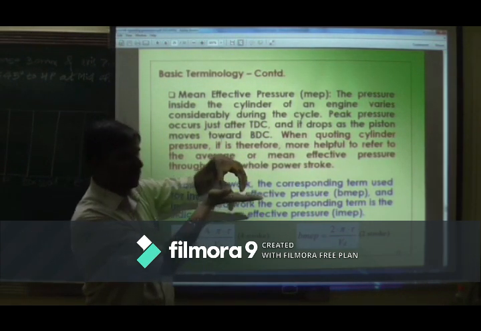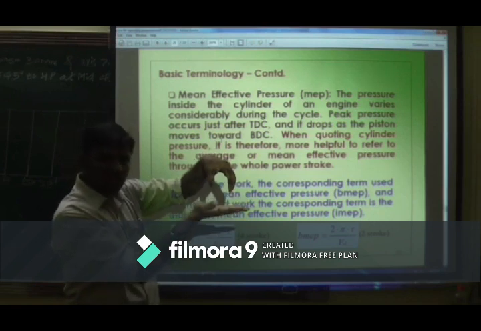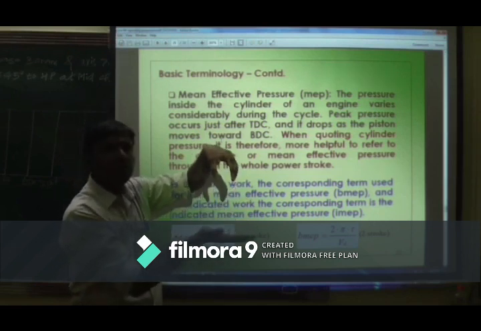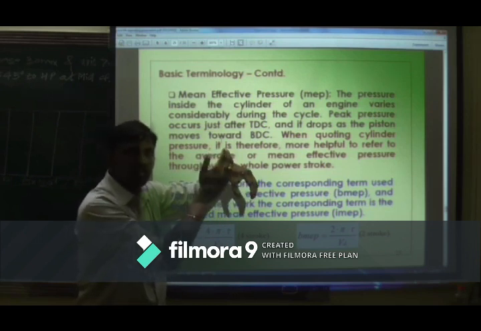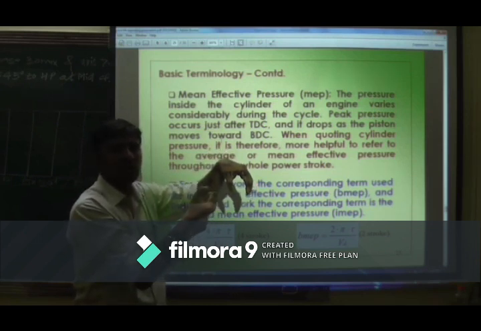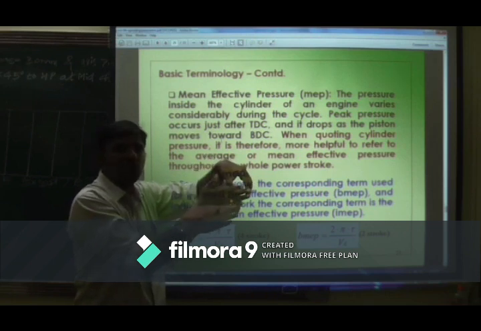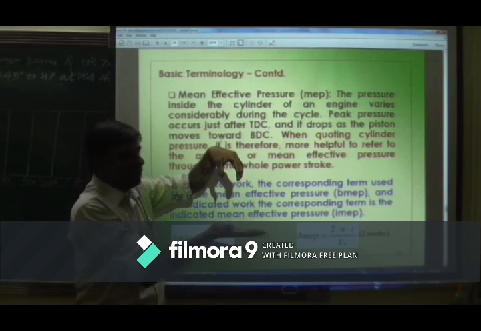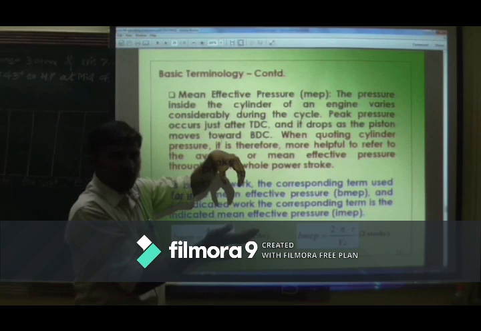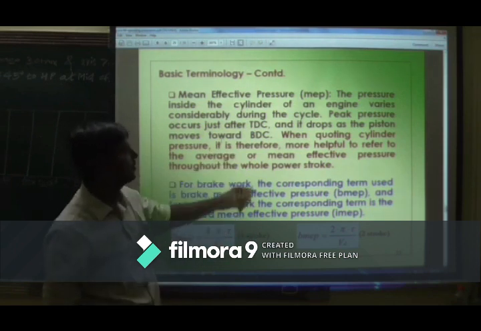As the piston moves from TDC to BDC, volume increases and pressure decreases. Initially pressure increases because combustion is happening, but as the piston moves towards BDC, volume increases more and pressure lowers.